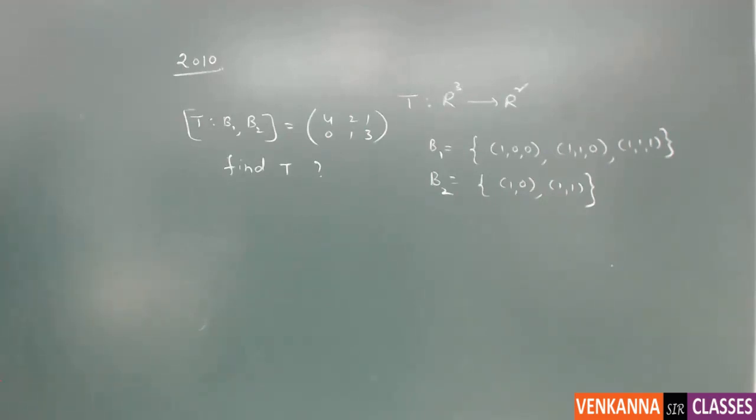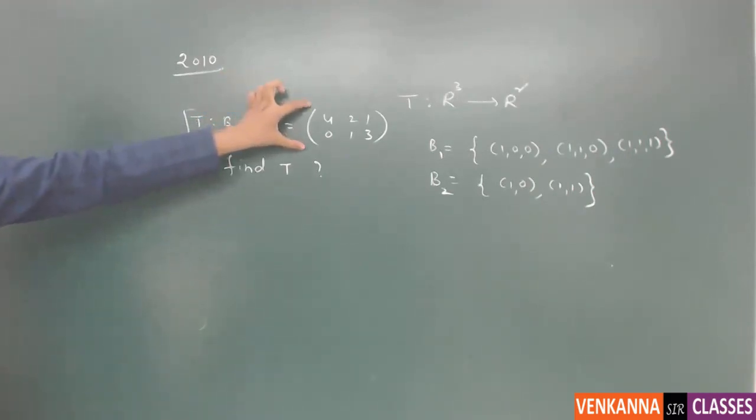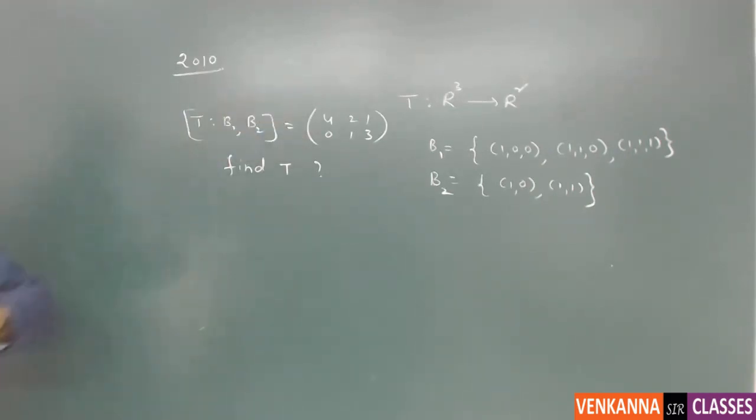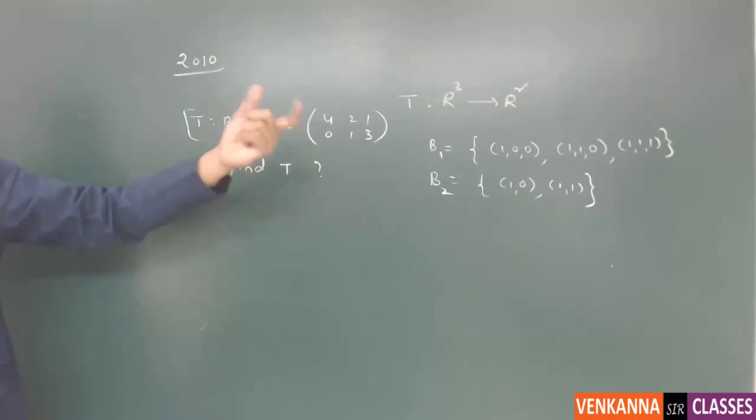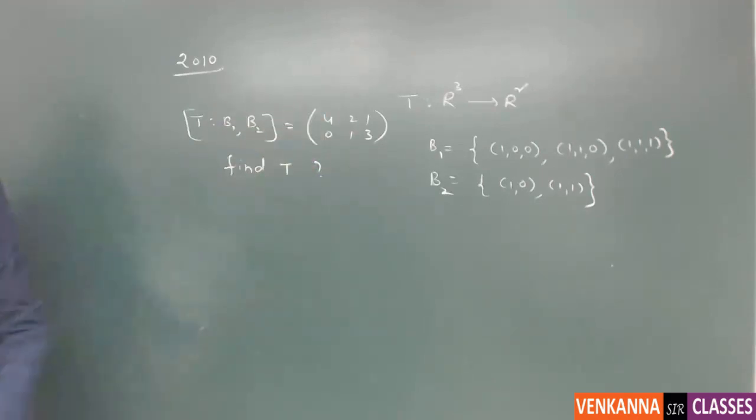So if you recollect the procedure in obtaining the matrix of a transformation, what is the significance of these values in the matrix? It is nothing but the numbers in this matrix are scalars in the linear combination of the images.